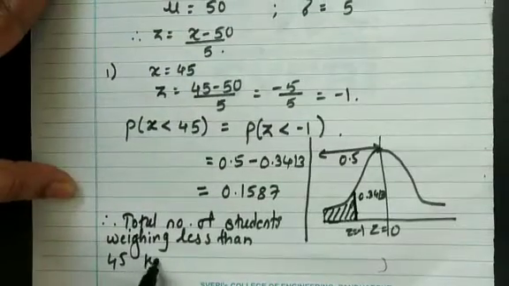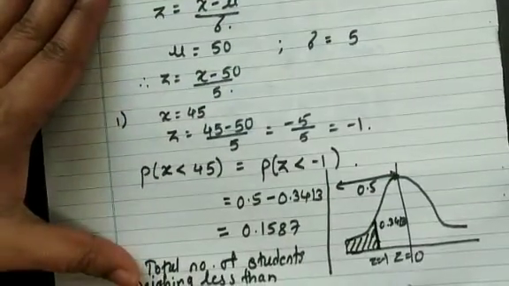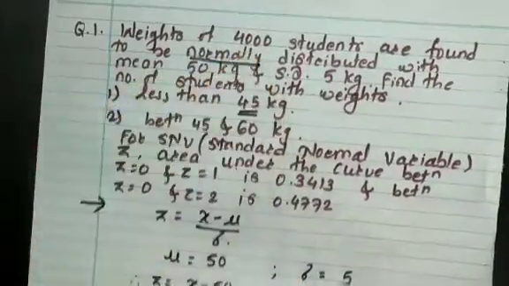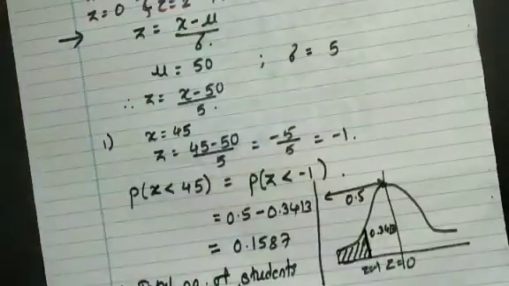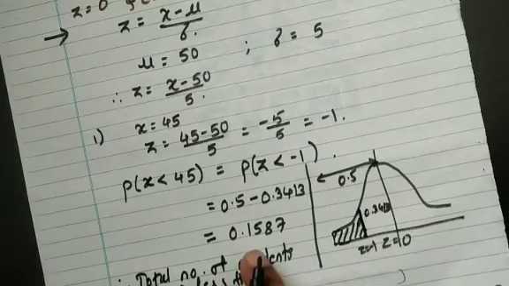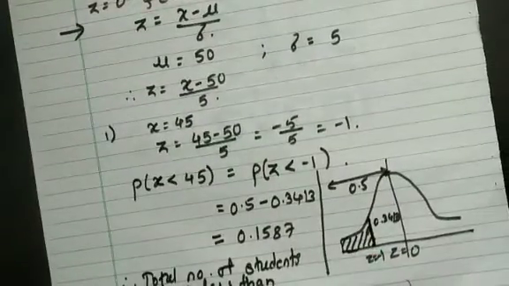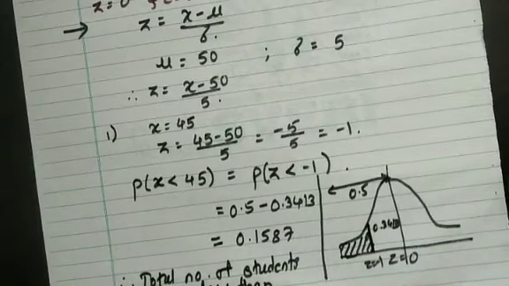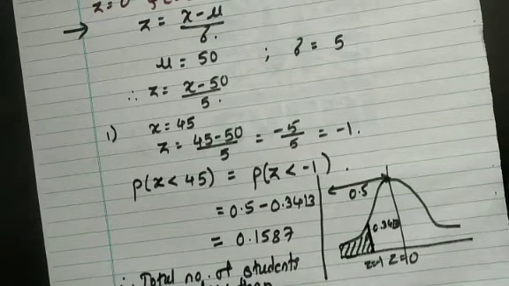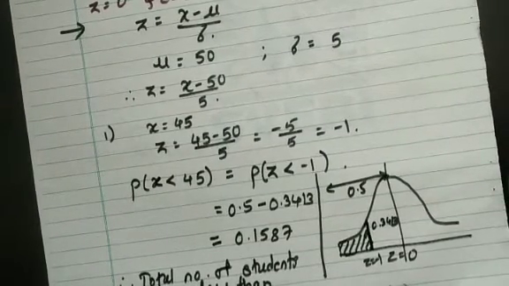Okay, this is just the probability, but it is asked the number of students, and we know the frequency. Frequency is 4000. So if we have the probability, we'll just multiply the probability by the frequency. We'll get the total number. So it is less than 45. The probability is 0.1587 into the total number of students, that is 4000, and therefore it is equal to 634.8.